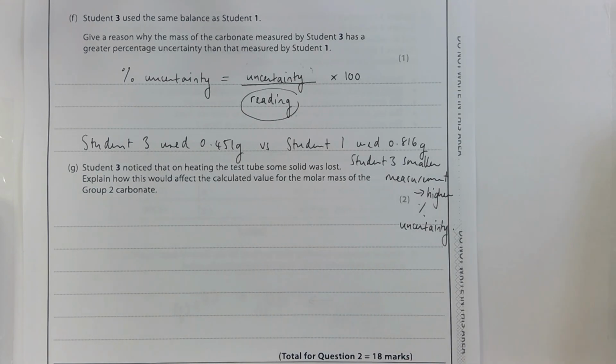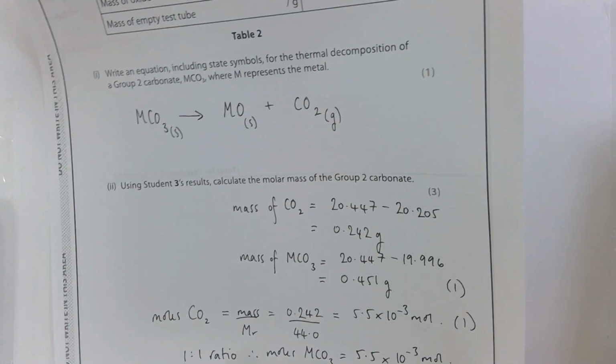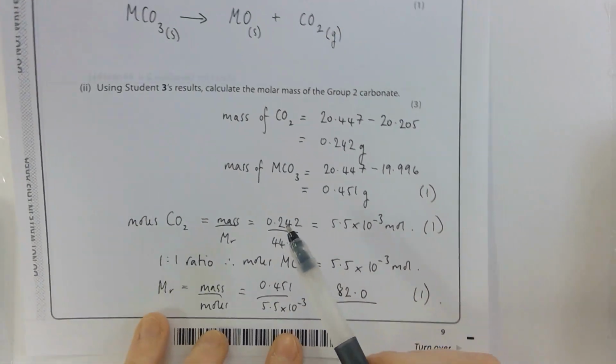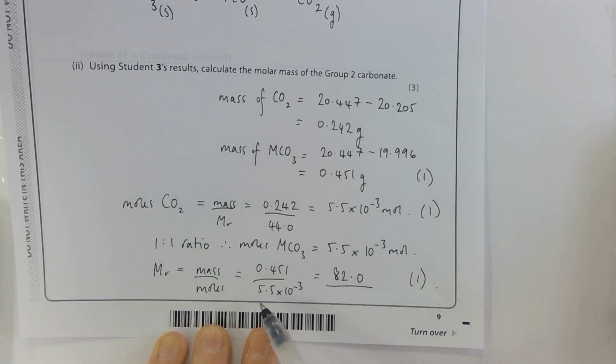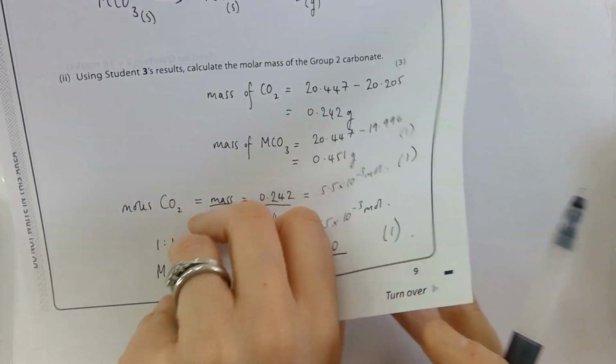If the moles of carbon dioxide are bigger, let's go back to what we did over here. Moles of carbon dioxide larger, therefore the moles of metal carbonate calculated would have been a larger value. So we're putting a larger value on the denominator there, and so we're therefore going to end up with a smaller MR value. So let's write that out.